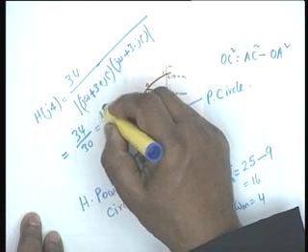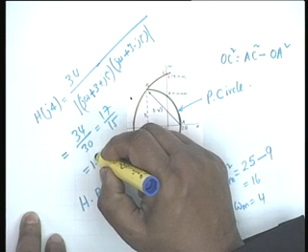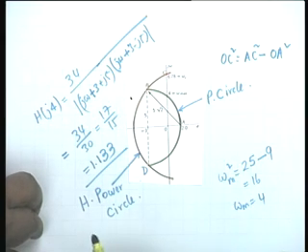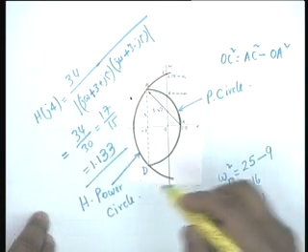Well, 17 by 15 is the final result, this is 1.133, less than root 2, and therefore there shall be only one half power frequency.